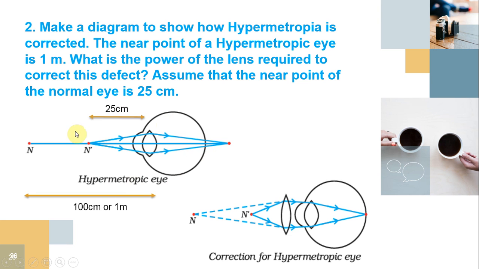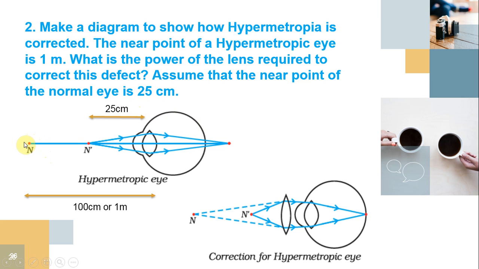This is a hypermetropic eye. N dash is the normal near point of vision. That means the distance between N dash and the eye lens is equal to 25 centimeter. That means the near point of the normal eye is 25 centimeter. Here N is the near point of the hypermetropic person.